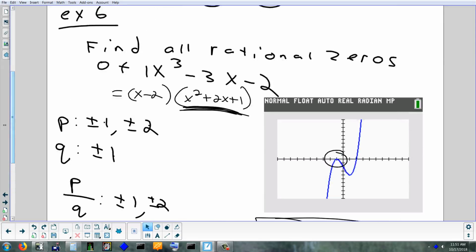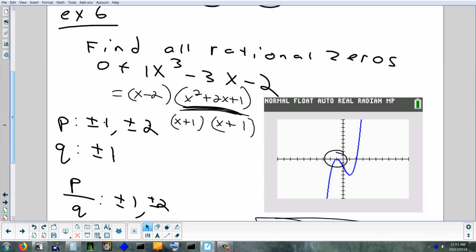Well, sometimes you have to use quadratic formula, but that factors nicely. Anyone see how I would factor x squared plus 2x plus 1? It's going to factor into two things that are the same. Yep, it's x plus 1 and x plus 1.